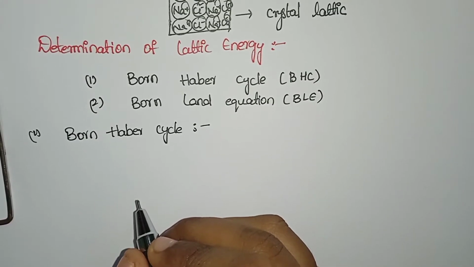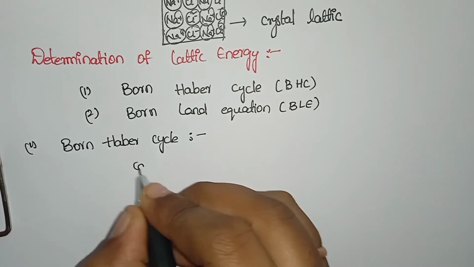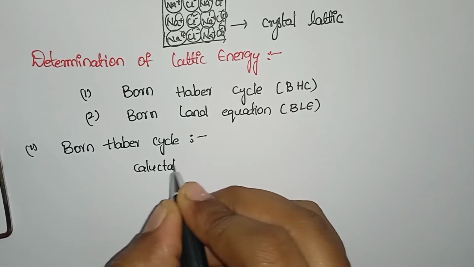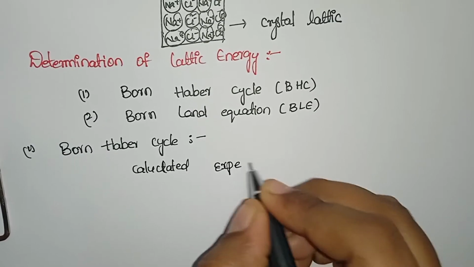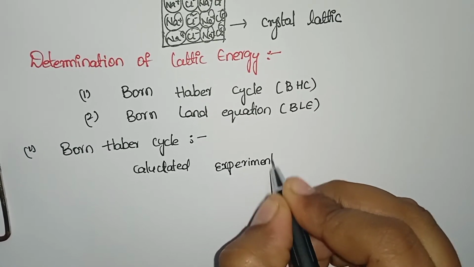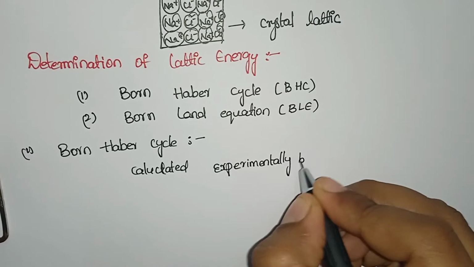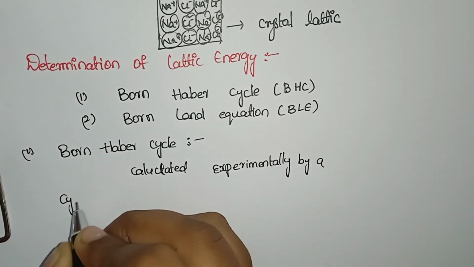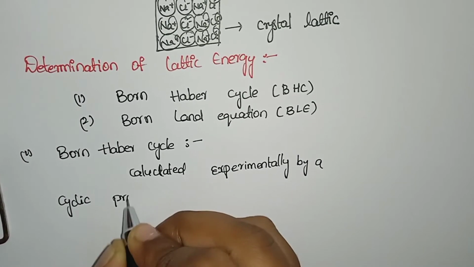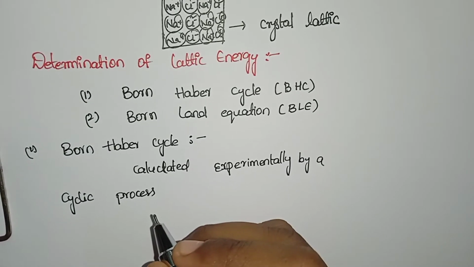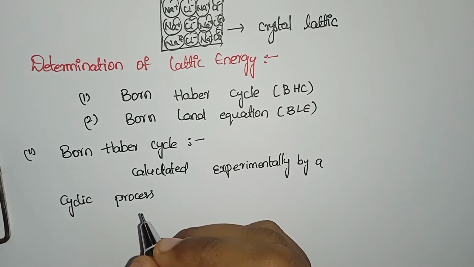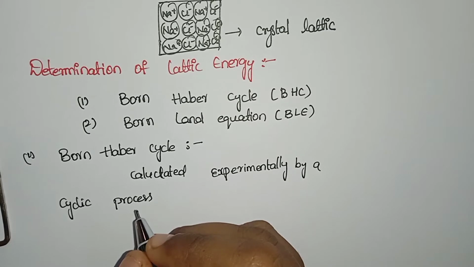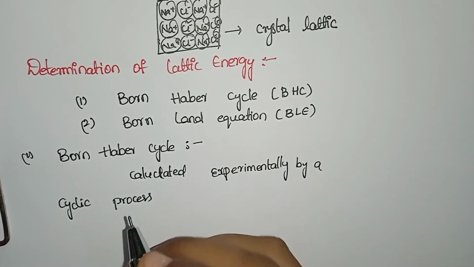The Born-Haber cycle is carried out in the following 3 steps.